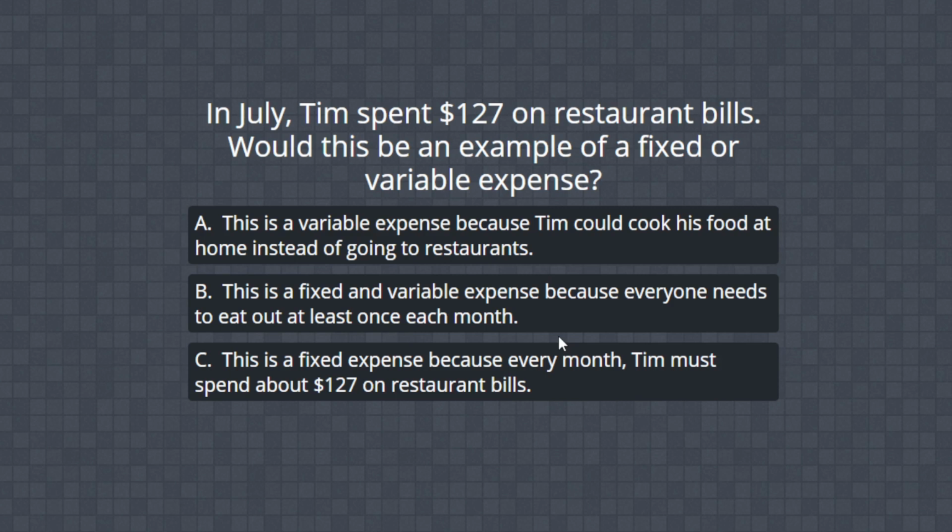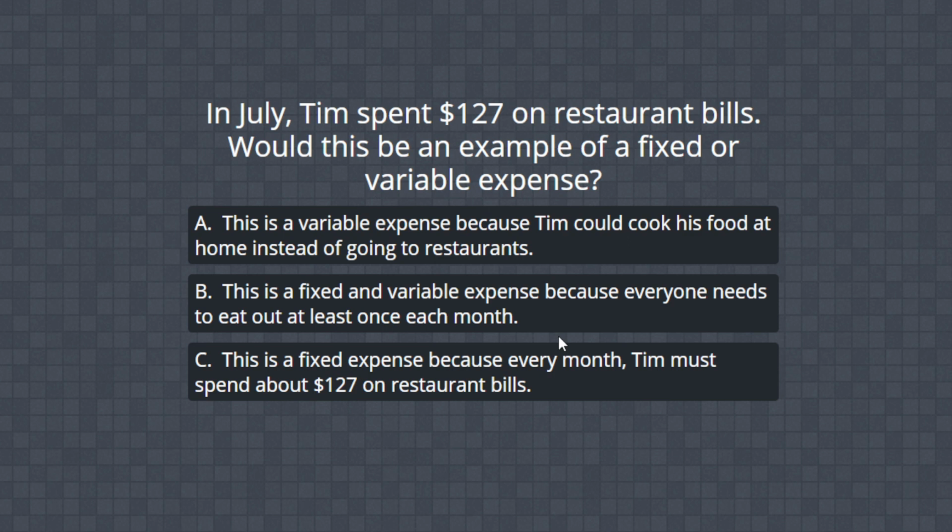We always eat at home because going to a restaurant is very expensive. So we have to save our money for our goal, of course. So B is not the correct answer, because you don't have to go out and eat at least once each month. It depends on you.